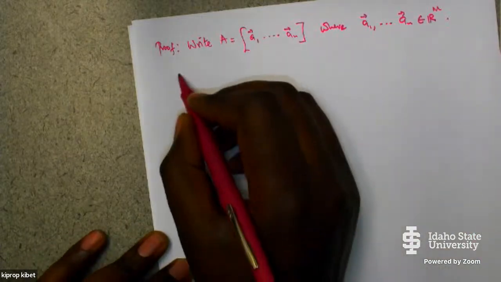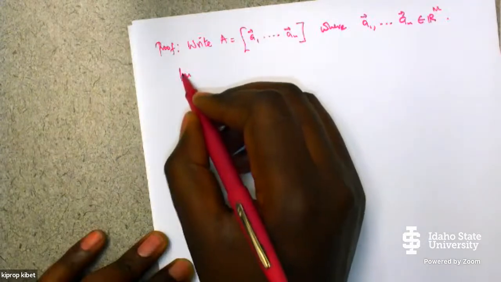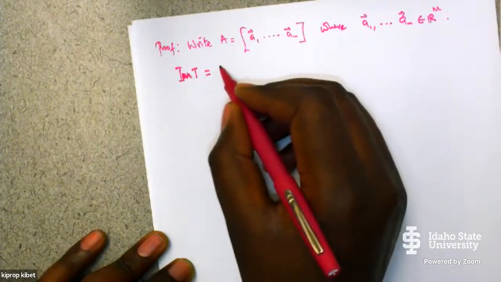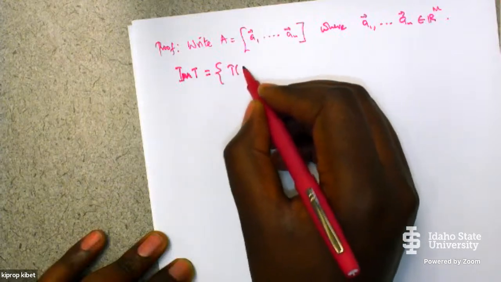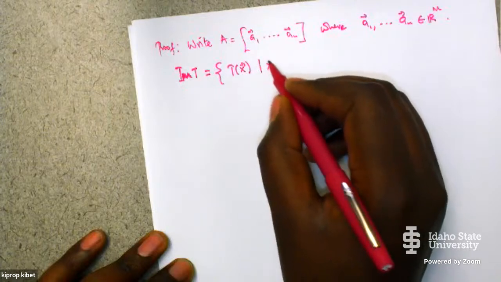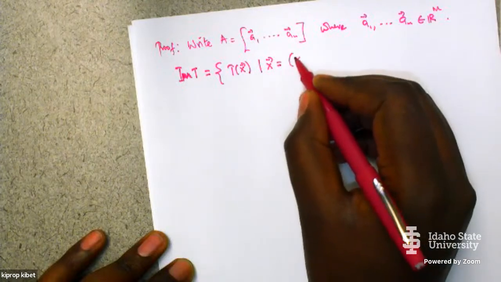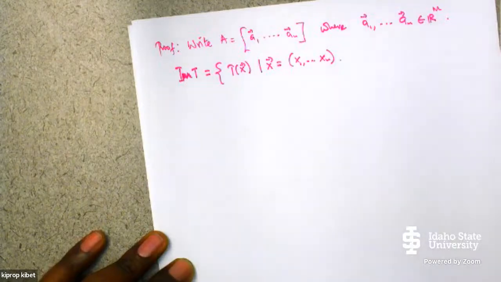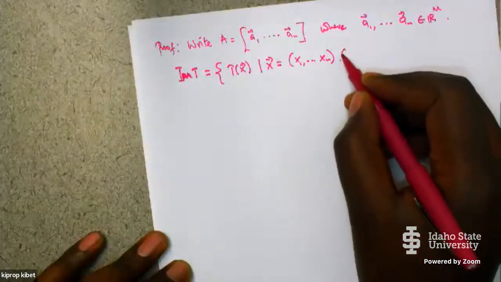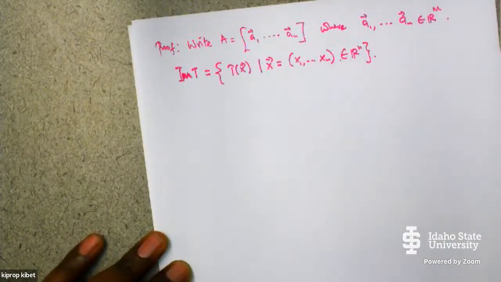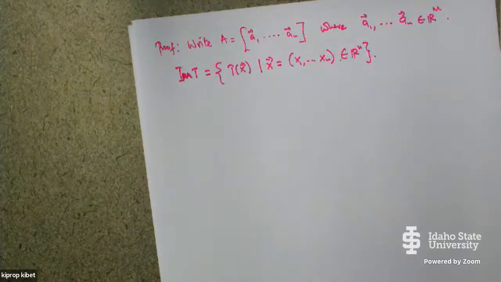Then the image of T is the same as the transformation of x, where x is equal to x1 all the way to xn, and these are elements of Rn.